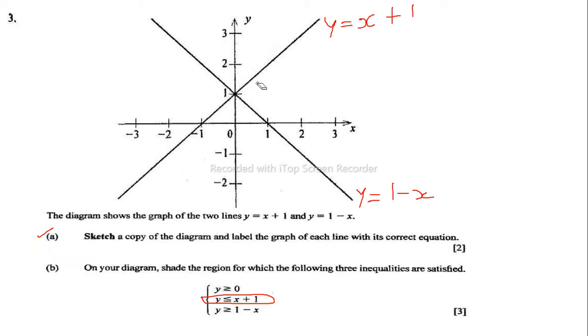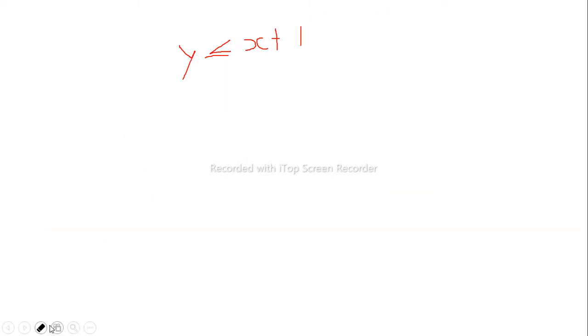So now we're gonna use test points. The good thing is that none of these lines touch 0, 0, so that's a good test point. So we know that our test point always is what? 0, 0, which is the origin, or the middle point. So we're using the test point 0, 0, where x is equal to 0 and y is also equal to 0.